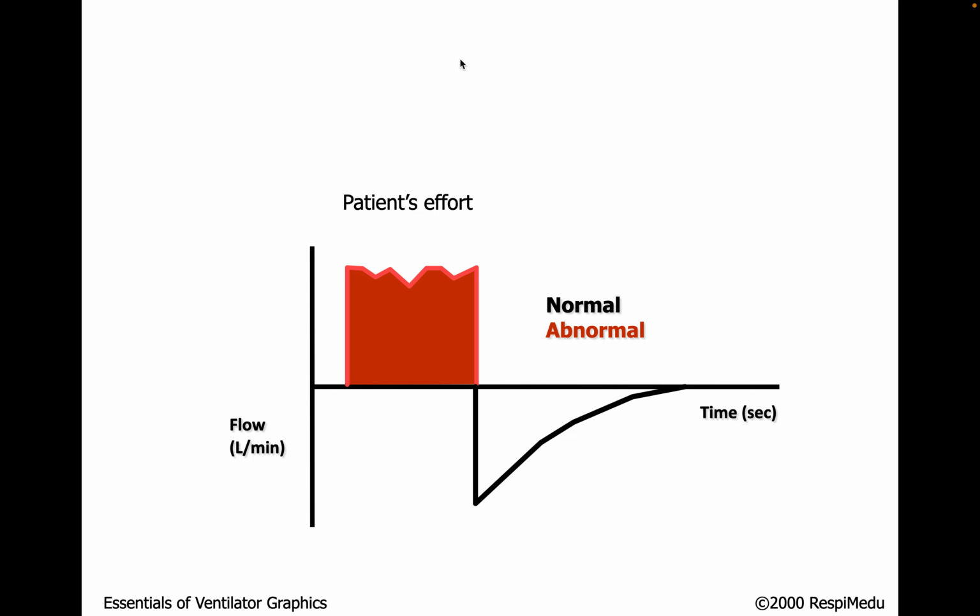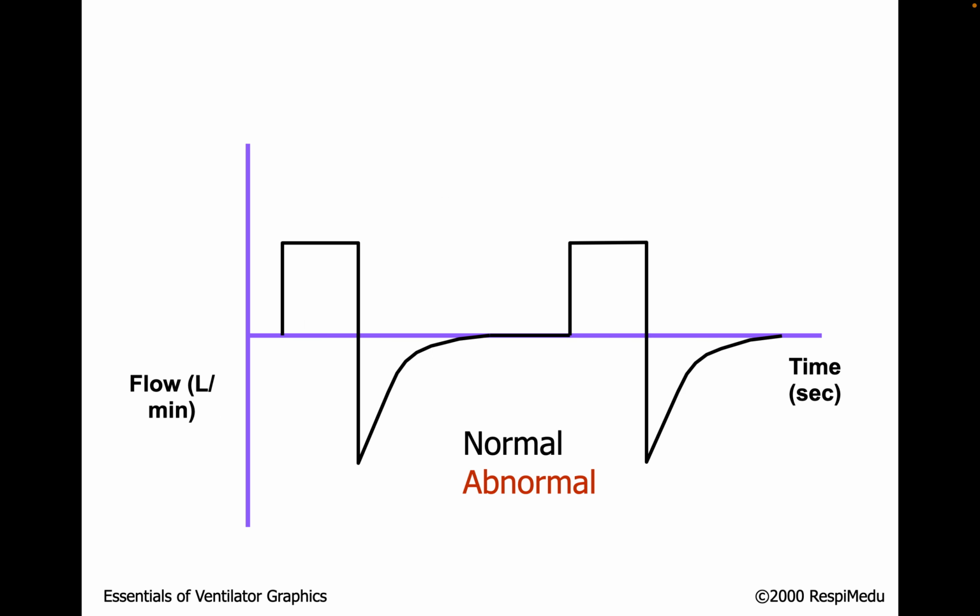When the patient generates these efforts, the square pattern of inspiration in the flow time scalar changes to the sawtooth appearance in the inspiratory phase, and this is because of the patient's effort. So obviously there would be inadequate inspiratory flow.